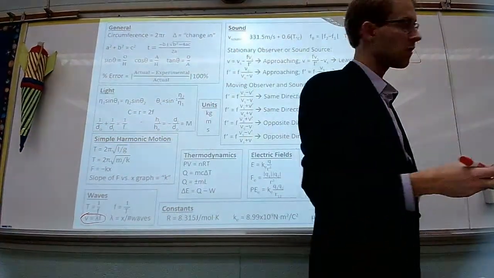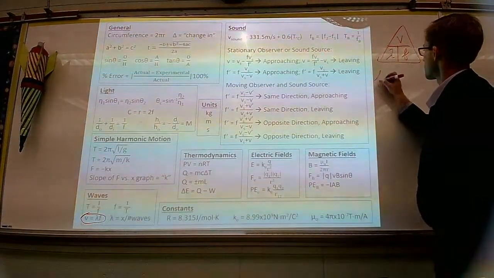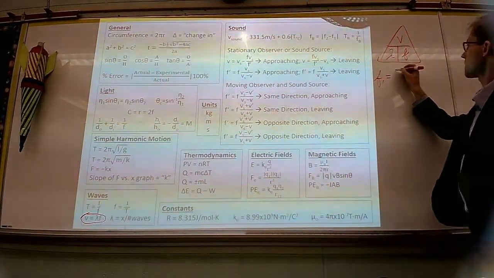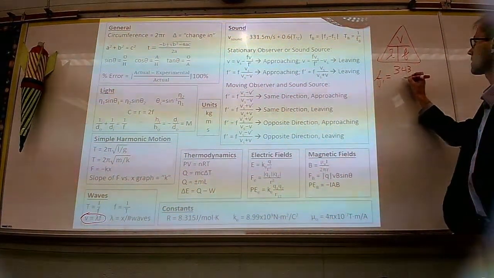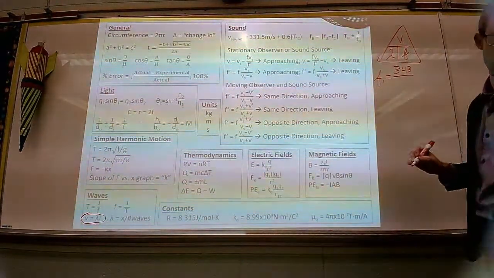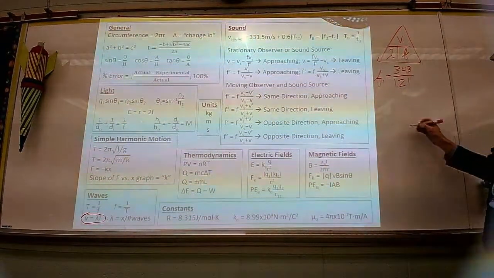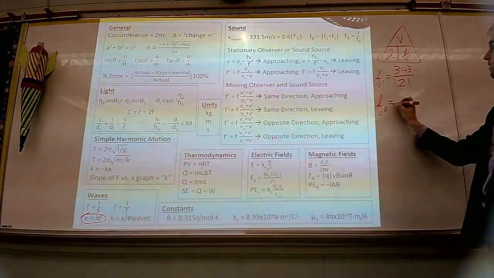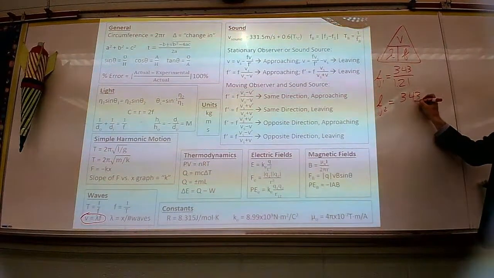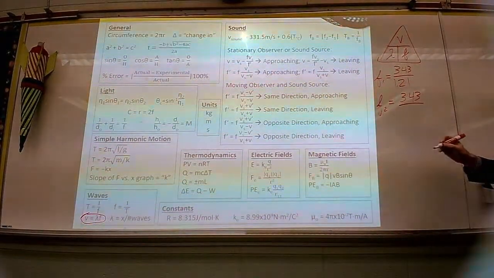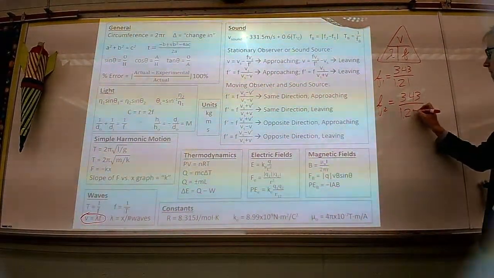So frequency 1 is going to be wave speed 343 divided by the wavelength they give us, which is 1.21. Frequency 2 is, again, the wave speed divided by the other wavelength they give us, 1.24.